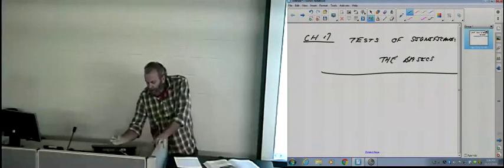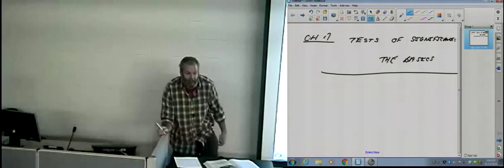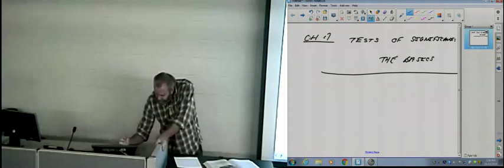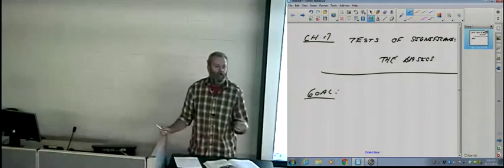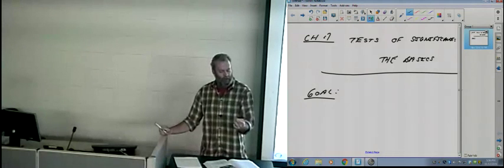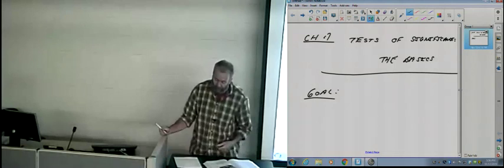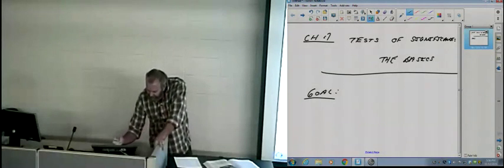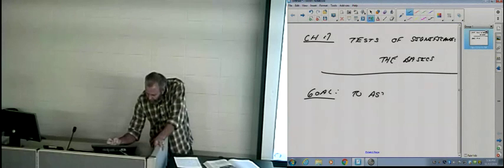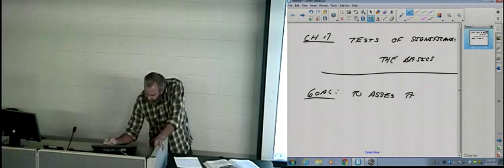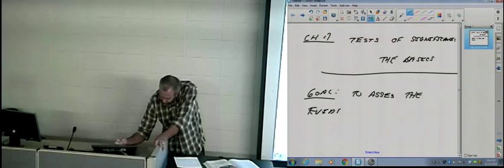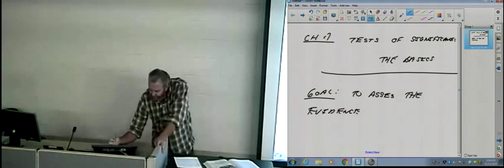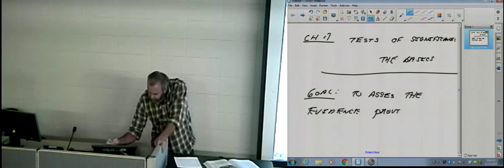Now, the goal of a test of significance, all right? Just like the goal of a confidence interval is to estimate a population parameter, in our case to estimate mu, the goal of a test of significance is to assess the evidence provided by the data.